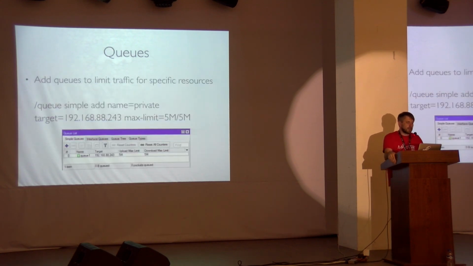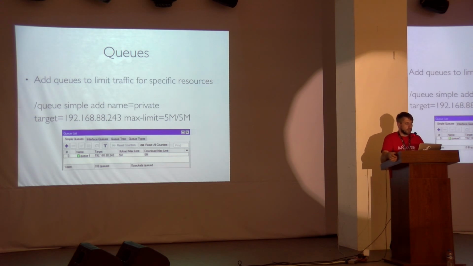Then the next big point, how to apply some bandwidth limitation to your traffic, is queues. Queues has only 4 sections, but actually queues allows you to set so many different configurations.